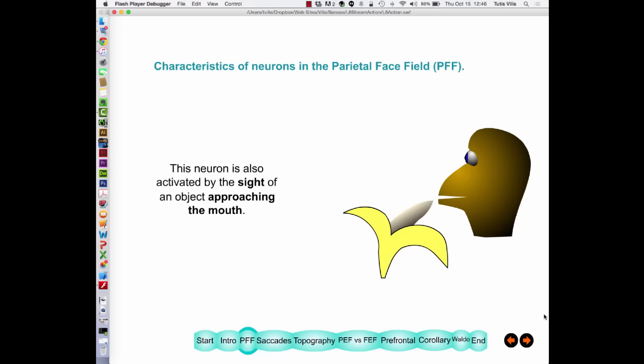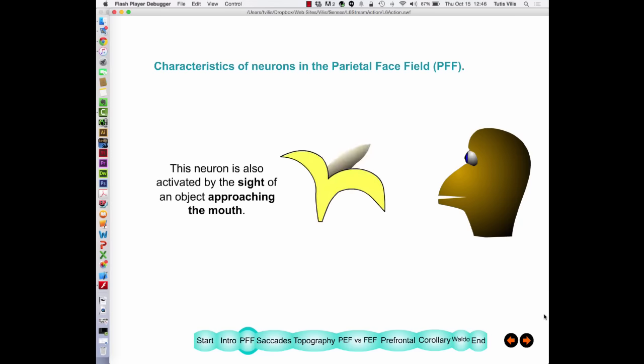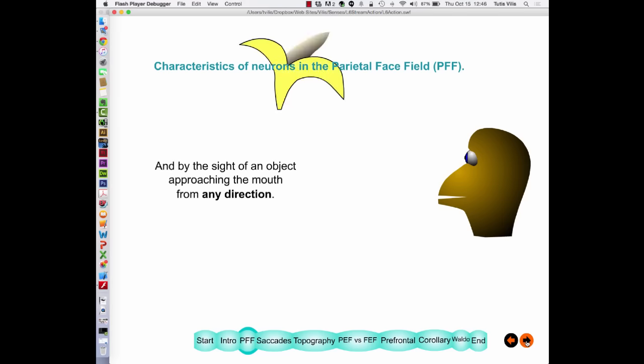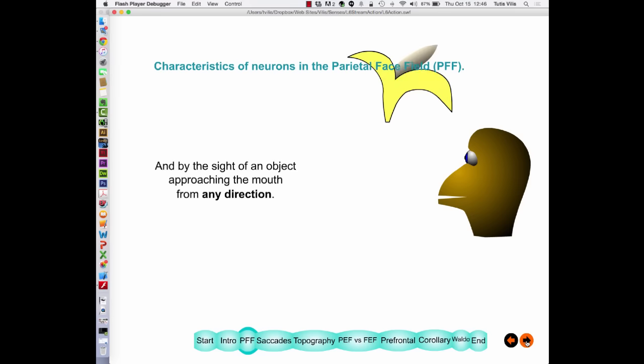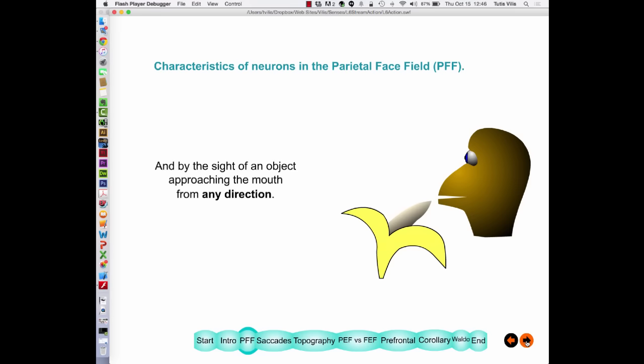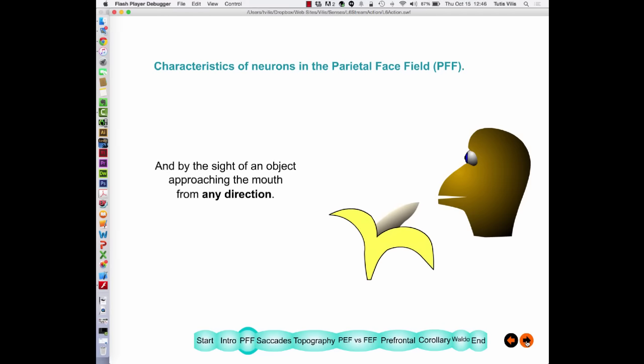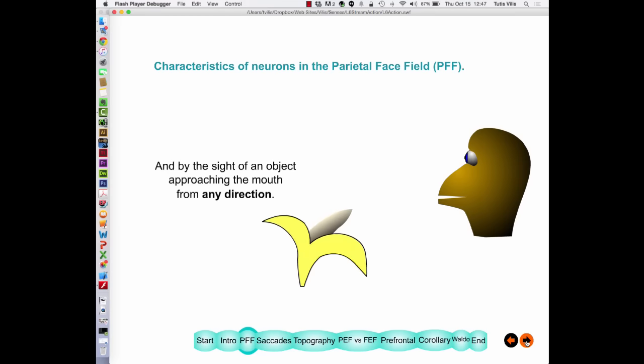So if it sees something approaching the mouth, it's visual and tactile. It doesn't matter from what direction it's heading, whether from above you or below you. As long as it's heading for that particular spot on your face, that neuron will fire.